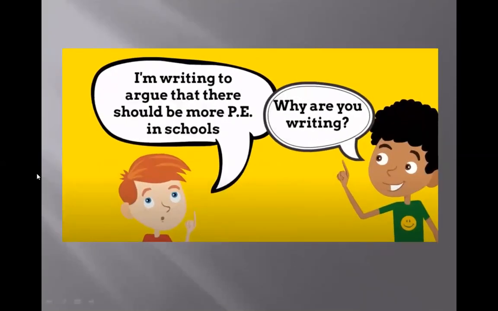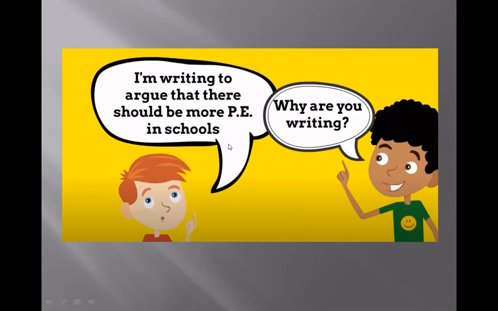Let's try this. Why are you writing? I'm writing to argue that there should be more PE in schools. And this should be directed to whom? Who do you think should be the audience? The school staff or other school students. Okay.